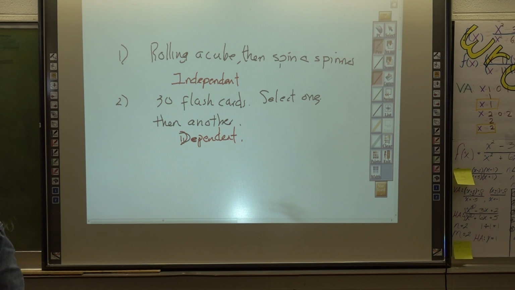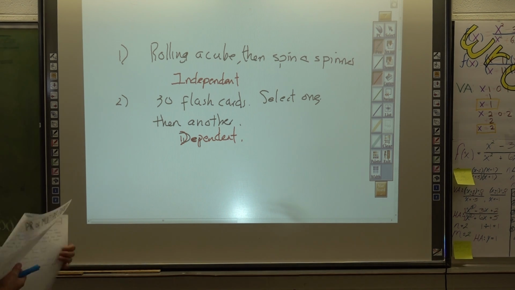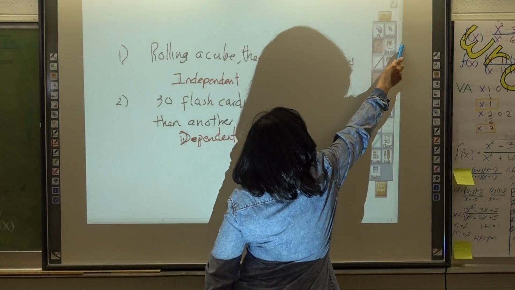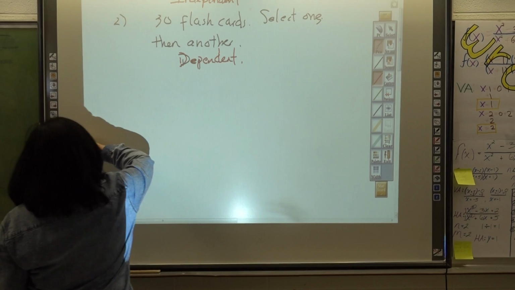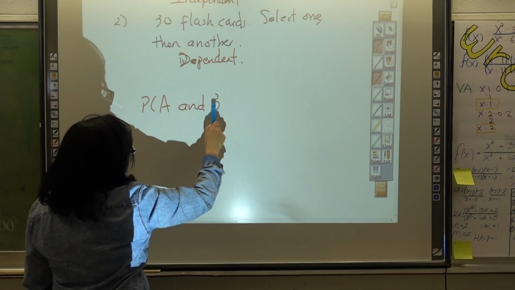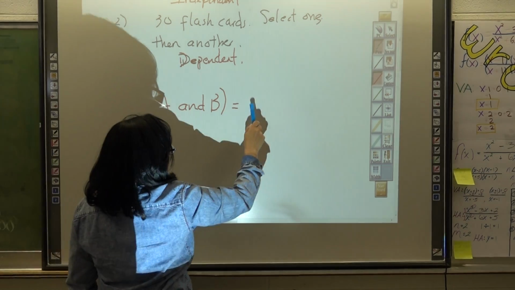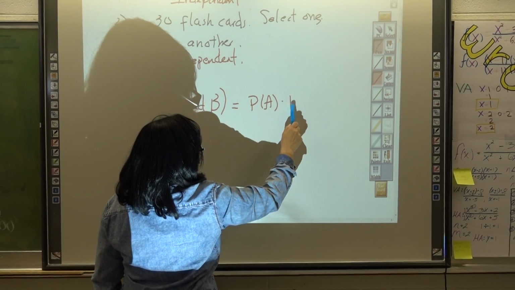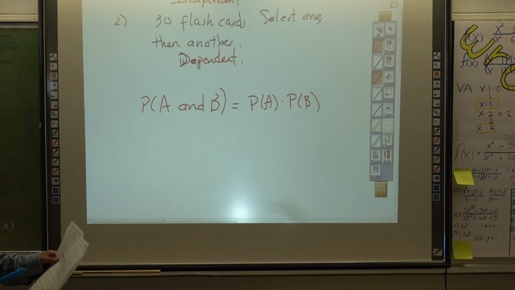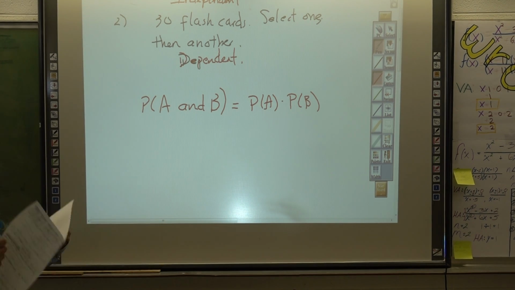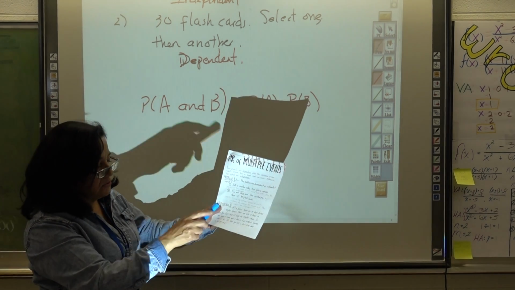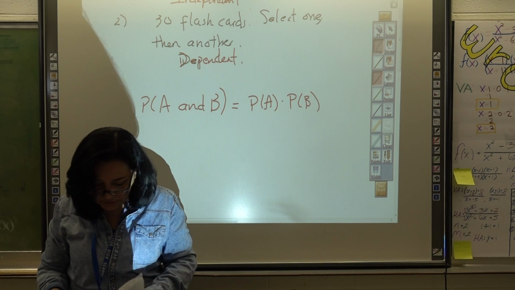And the probability of those 2 events, probability of event A and B, is going to be the probability of A times the probability of B. Okay? So this example, I'm just going to read it, I'm not going to write everything, you guys have it here, so you can read it as many times as you want.